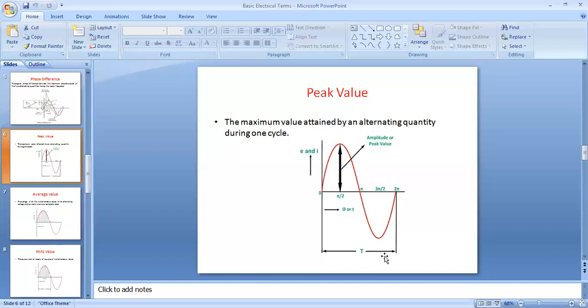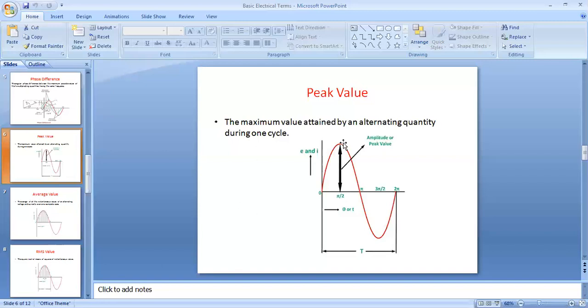The definition of the peak value is: the maximum value attained by an alternating quantity during one cycle is called its peak value. So here one cycle is given. During that one cycle, the maximum value attained by this alternating quantity is known as a peak value.